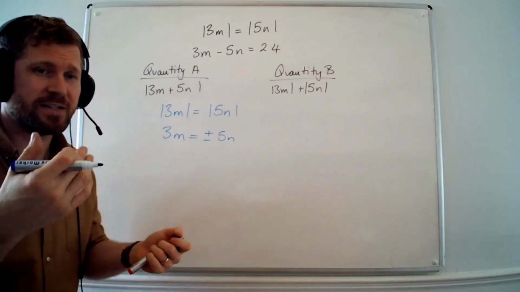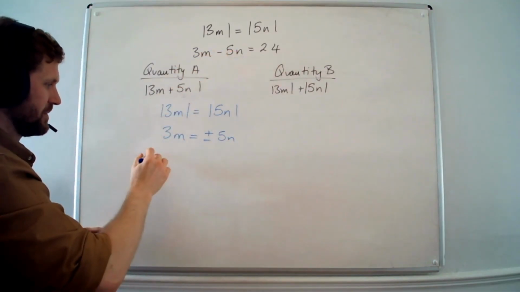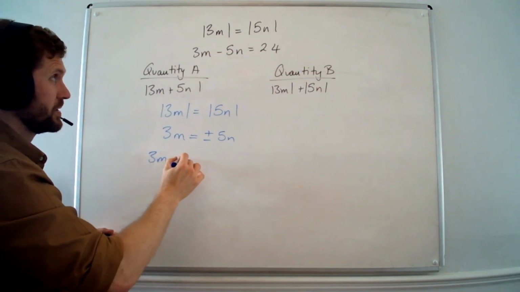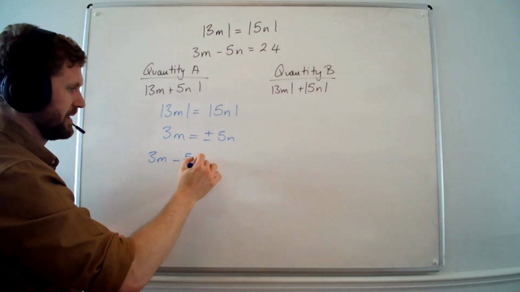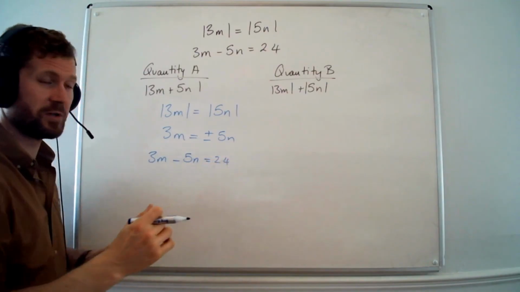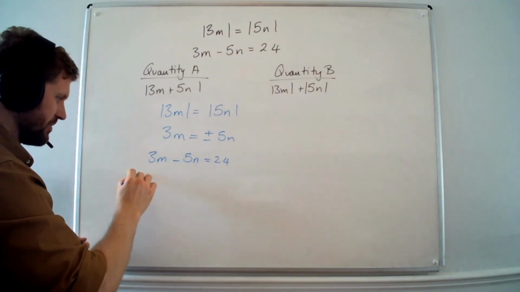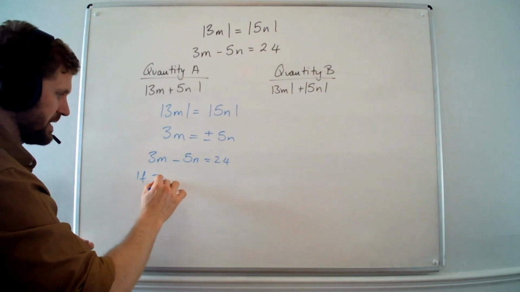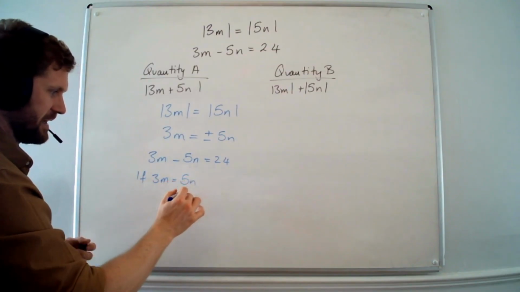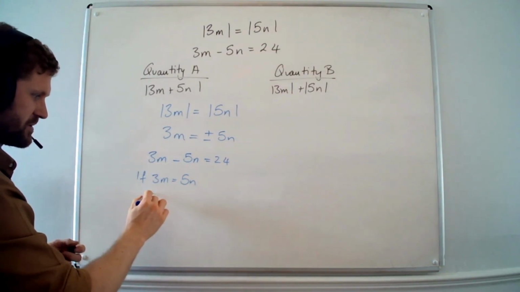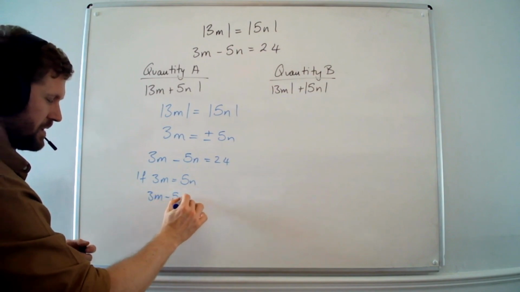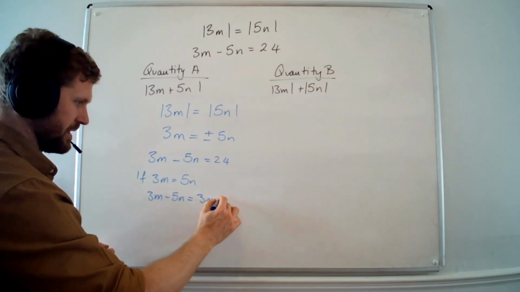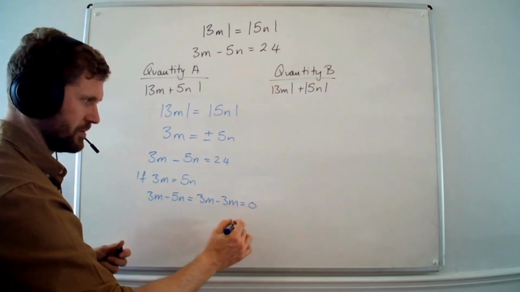That's where I need to bring in this second piece of information. We're told 3m minus 5n is equal to 24. Now, if 3m is equal to 5n, then 3m minus 5n is the same as 3m minus 3m, which equals 0.